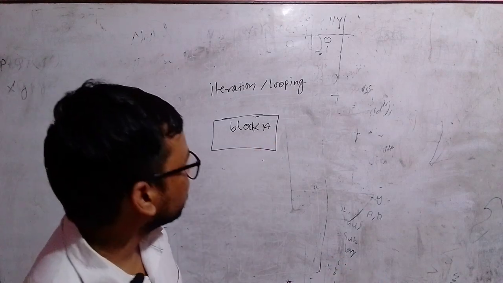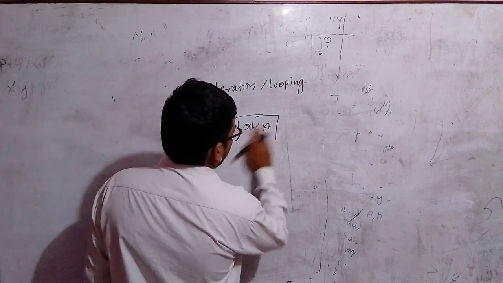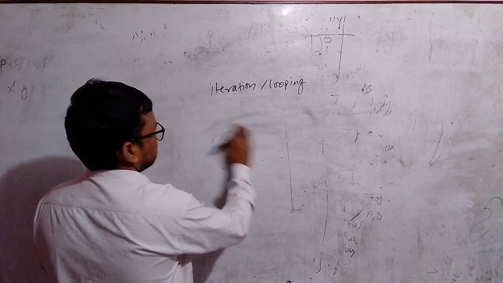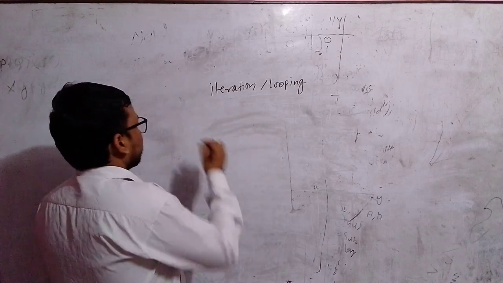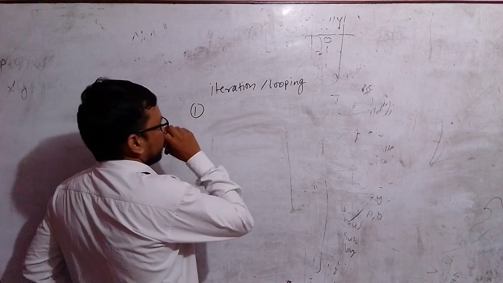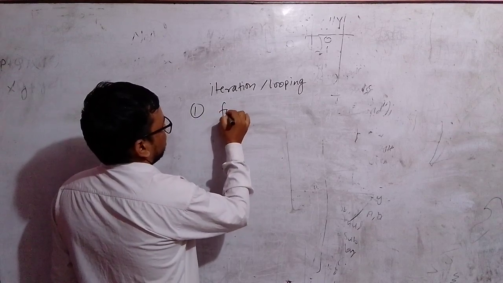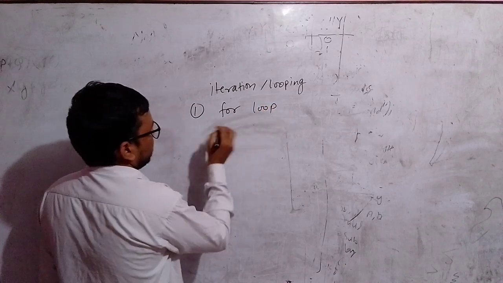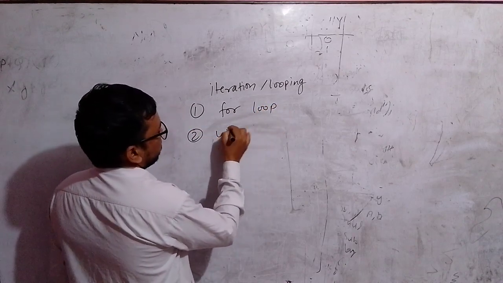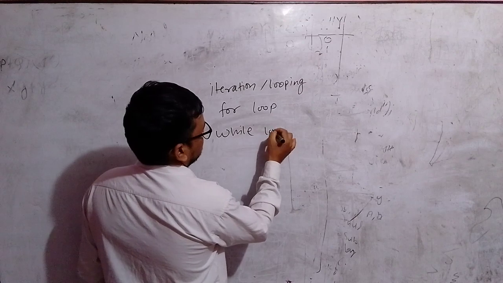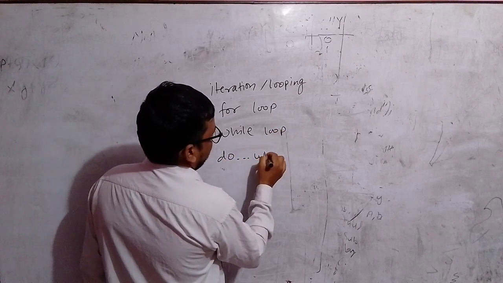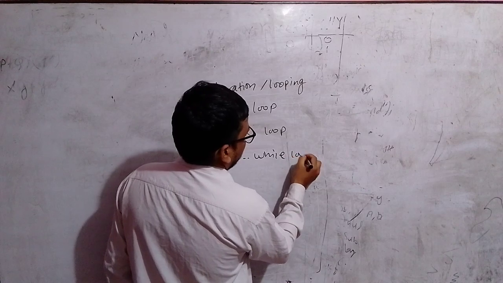How to perform these looping operations? Let's see. There are three methods of doing looping: for loop, while loop, and do while loop.